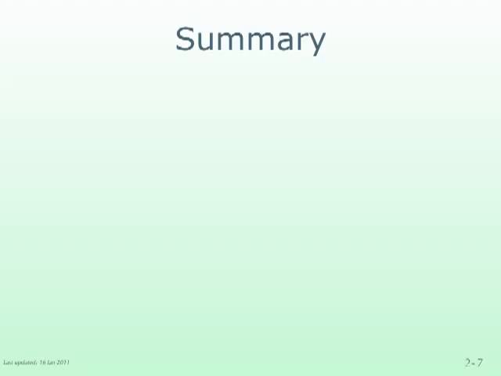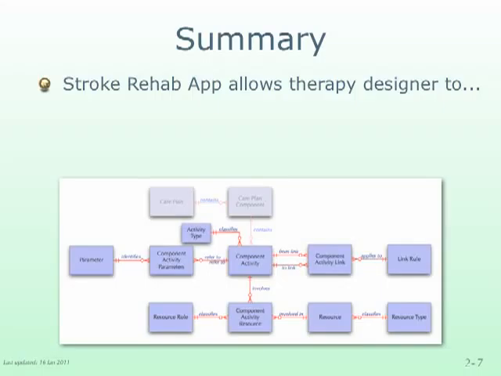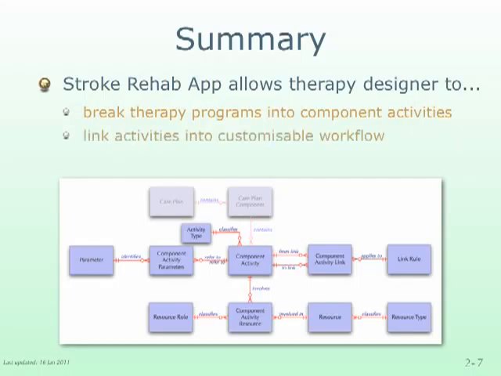We can summarise the second part of this presentation by emphasising that the central database that supports the Stroke Rehab app can store and maintain data objects that enable therapy designers to break a therapy program down into a number of component activities and to link those activities together into a customizable workflow, and to specify the involvement of various kinds of resources, including information in those activities.